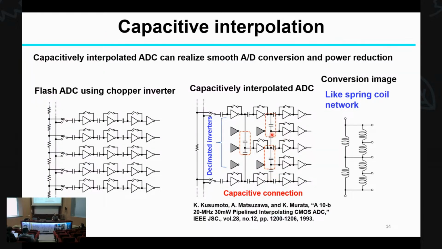So we can realize capacitive interpolation. By using the method, we can eliminate this inverter. We can reduce the power. And also this connection of the two voltages makes the conversion very smooth.